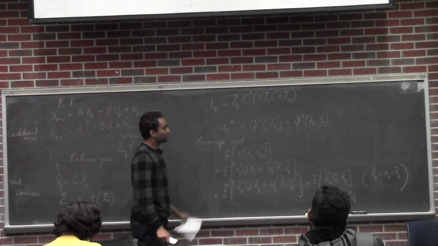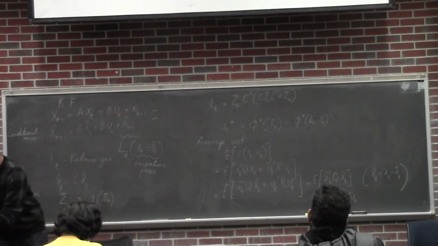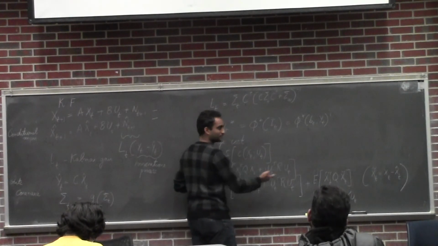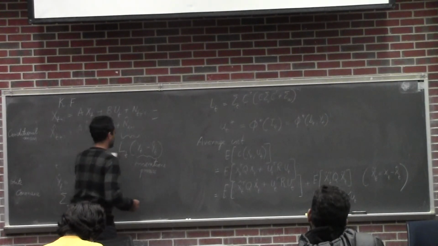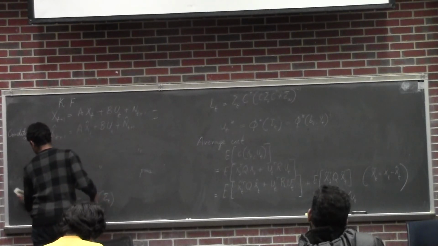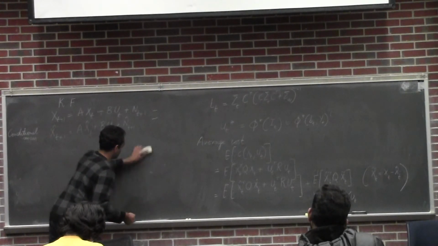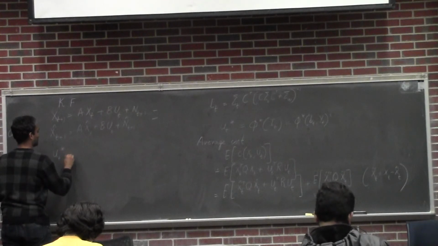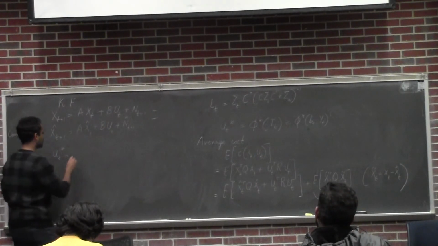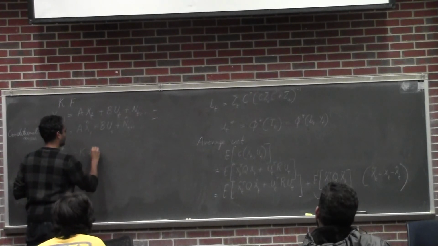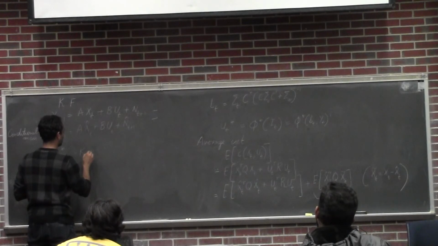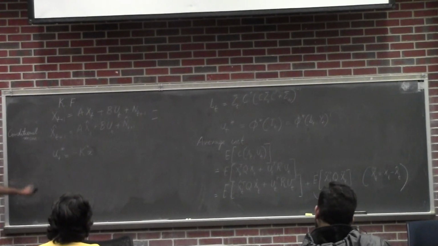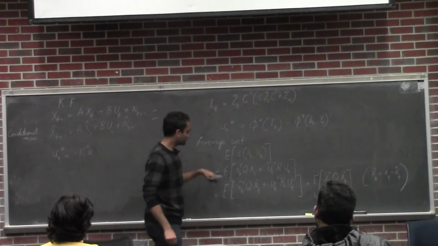And from the previous discussion of the fully observed LQR system, you would remember that for something that looks like this, the optimal policy was this, right? So you just have to extend that to this.